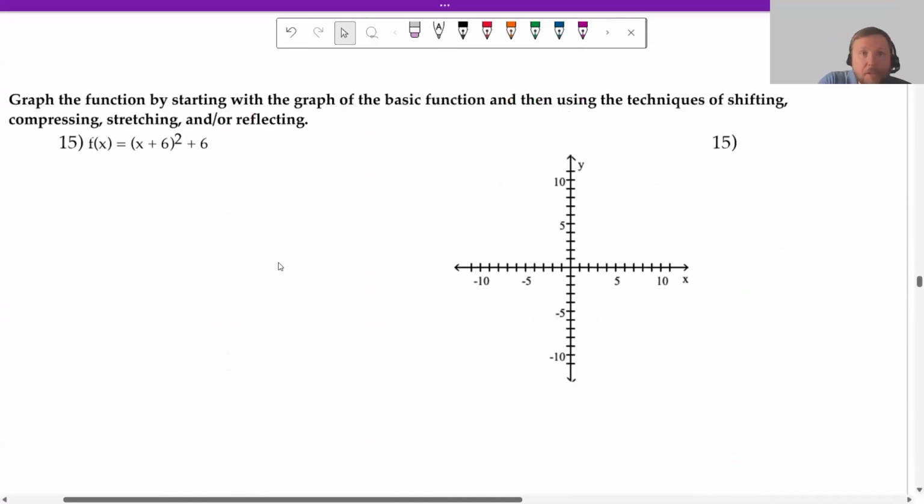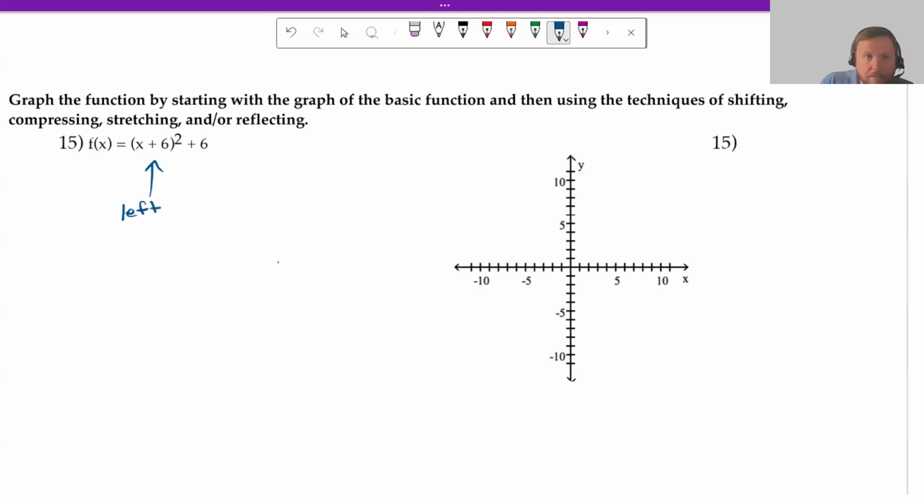Graph the function by starting with the graph of the basic function and then using the techniques of shifting, compressing, stretching, and/or reflecting. Okay, so let's take a look. We have f of x equals x plus 6 quantity squared plus 6. So that's telling us left by 6.